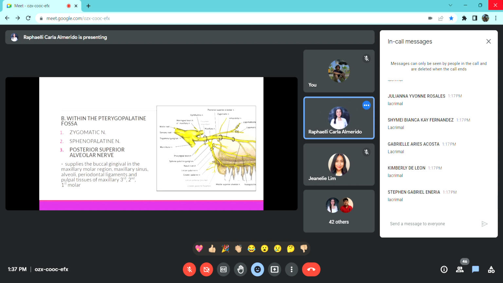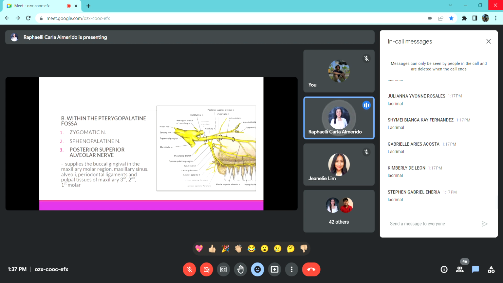For the first molar, it innervates the distobuccal root and pulp. Later, you will see what innervates the mesobuccal root or pulp.